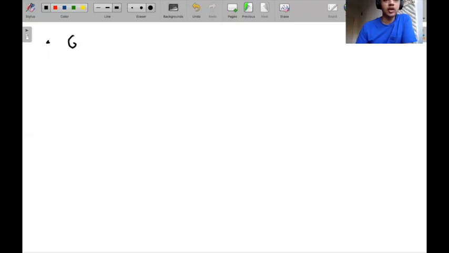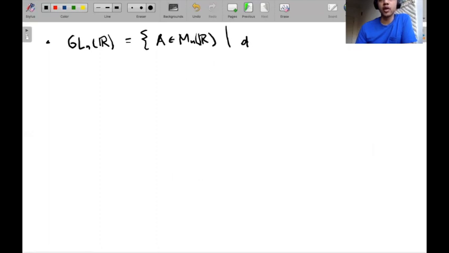Right, so this one is in homework. Well, GL2R was in homework. Here, these are n by n matrices with real coefficients with determinant non-zero. These are invertible matrices. Invertible means that the multiplication has an inverse.